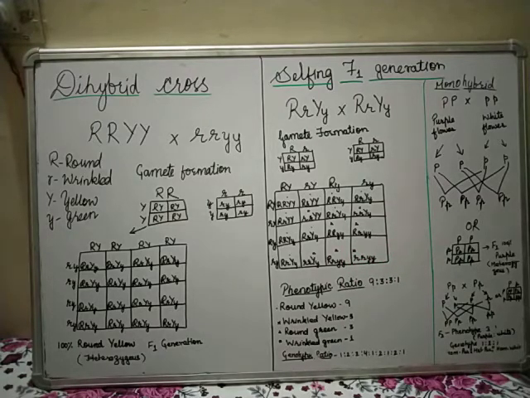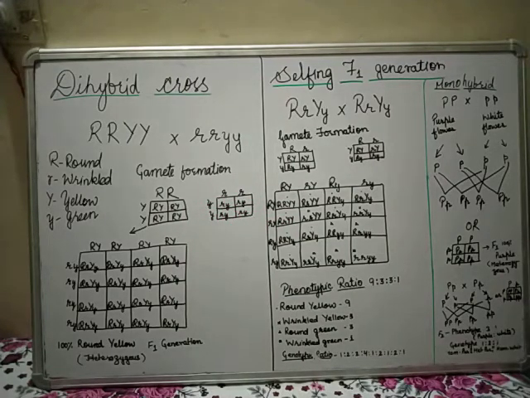So from this dihybrid cross, you can see the law of segregation, because all the genes are separating and combining separately. Here also you can see these genes are all independent, they can separate from each other.